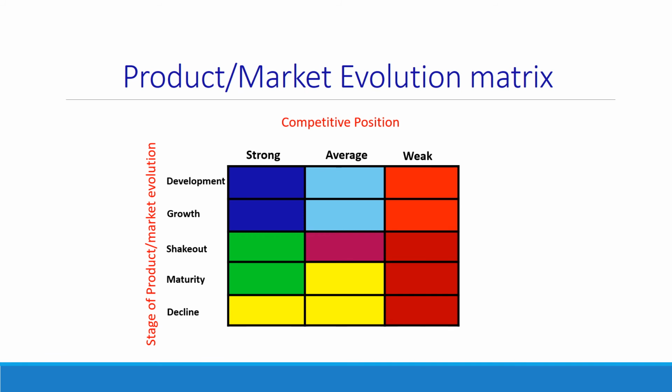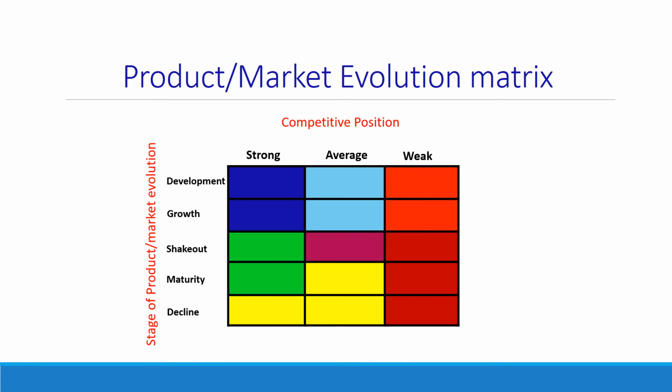Business units coming in the dark red area may be used for immediate divestment, and those in the light red area can be considered for future divestment. Anyway, the red position is not good for a business unit.